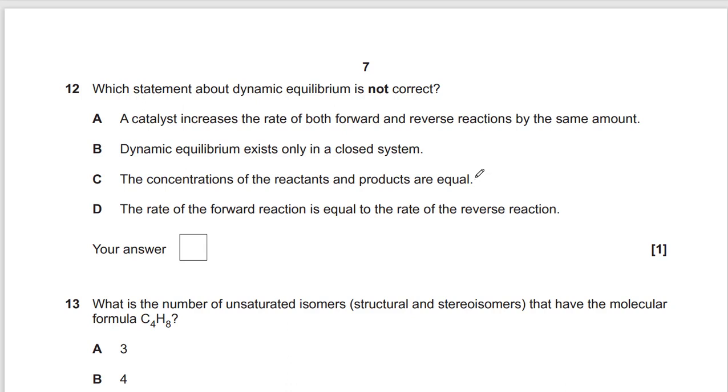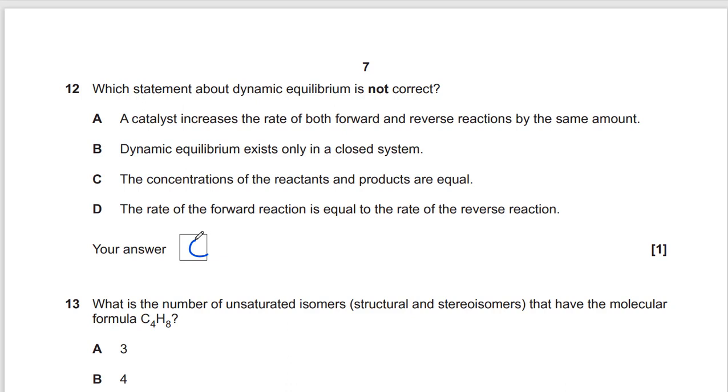What this is saying is that in order to be in equilibrium, you must have the same amount of reactants and products, and we know that to be false because you can very easily create an equilibrium where you have 2 moles of one substance and half a mole of another substance, and you can still get an equilibrium. So I believe this is the incorrect statement, so the answer will be C.